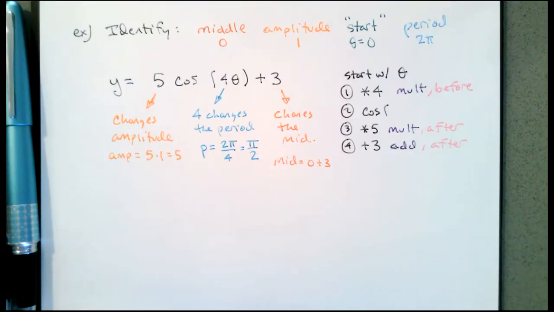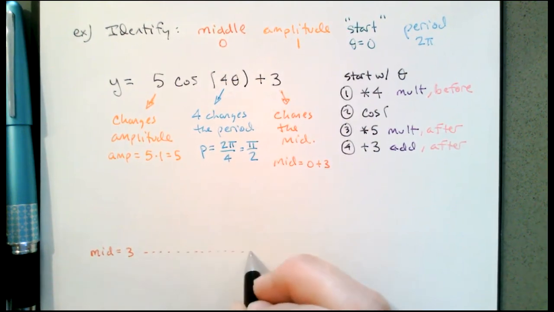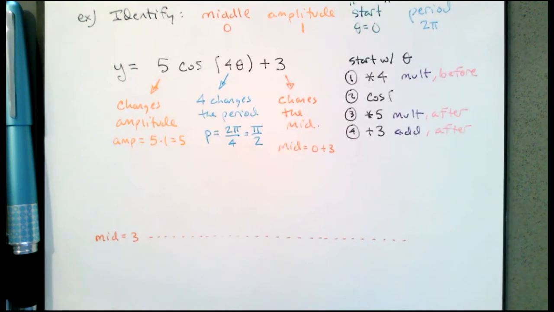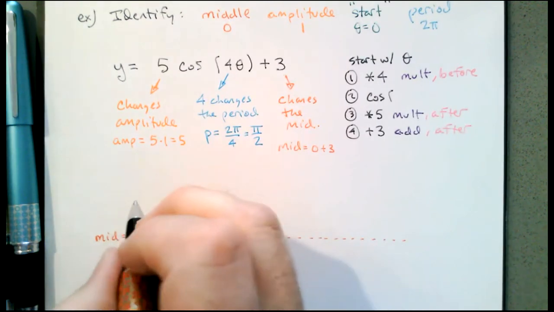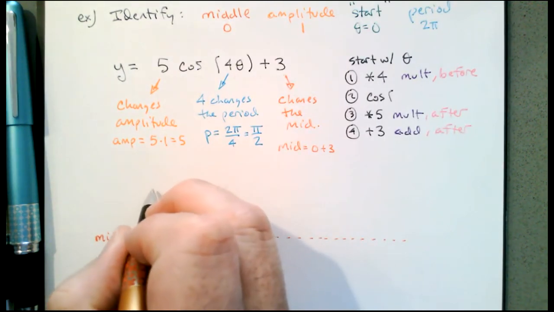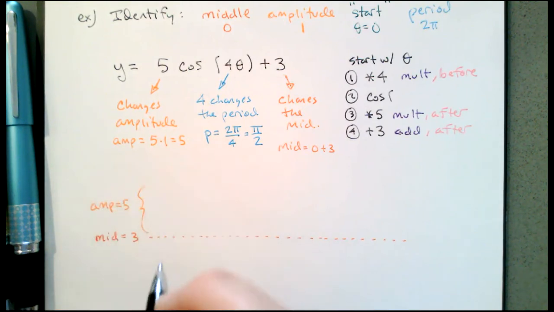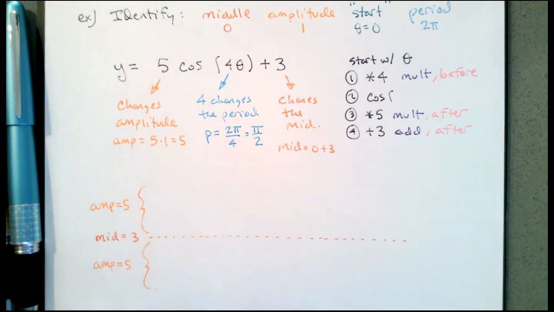So if I wanted to graph this function, I would start with the middle at 3. I would have an amplitude of 5. So now I can see where the top and the bottom are.